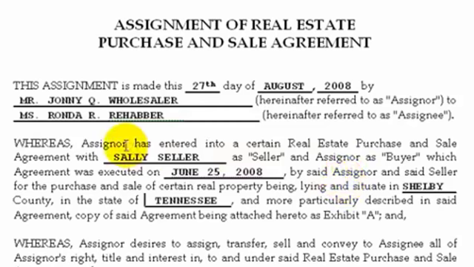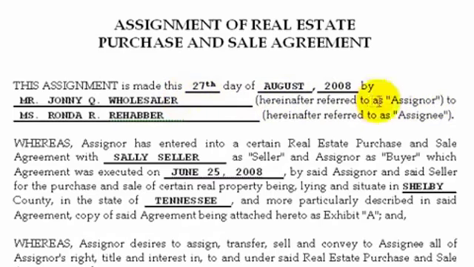Whereas assignor has entered into a certain real estate purchase and sale agreement with Sally Seller. This was the original seller of the property, the person who I, as the wholesaler, had my original contract with. Sally Seller was the seller, and assignor, which is me, right?